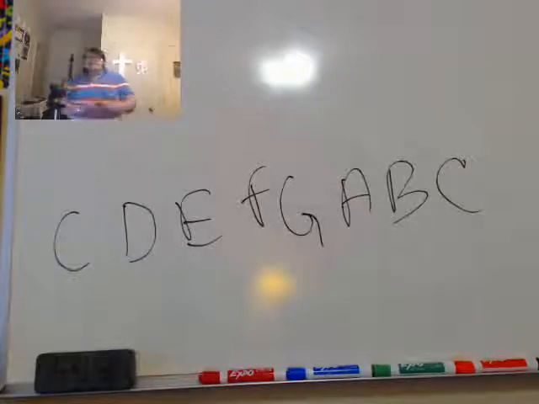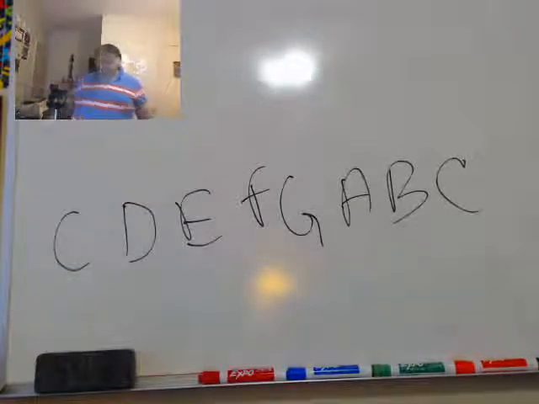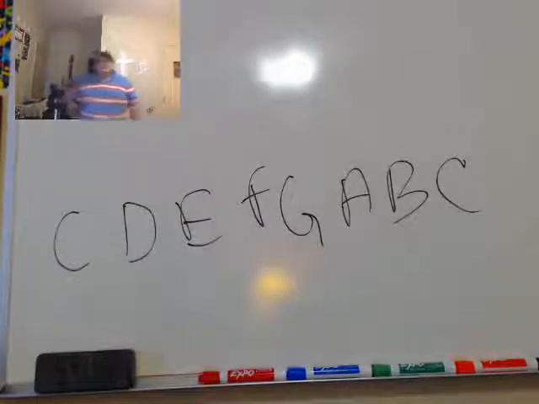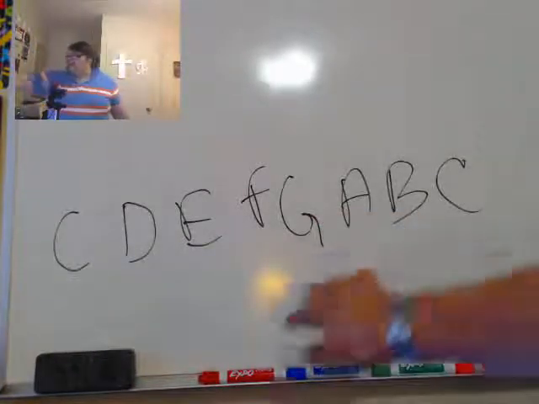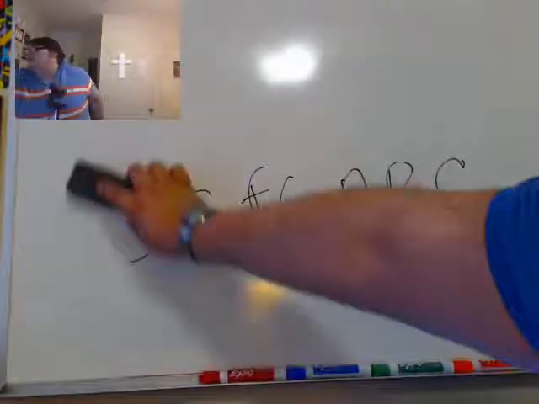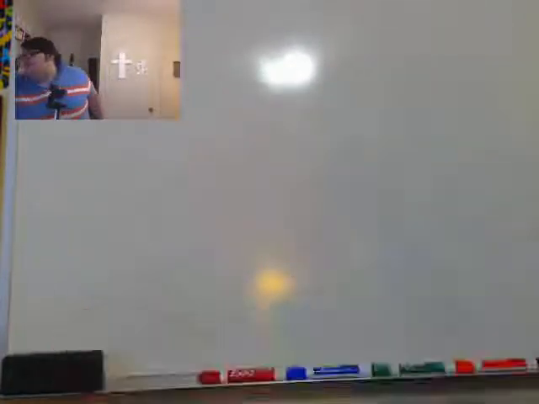The notes in between, inclusive of these notes right over here, make out this chromatic scale. Now the chromatic scale are all the notes in between. So let's erase this and let's show the chromatic scale.